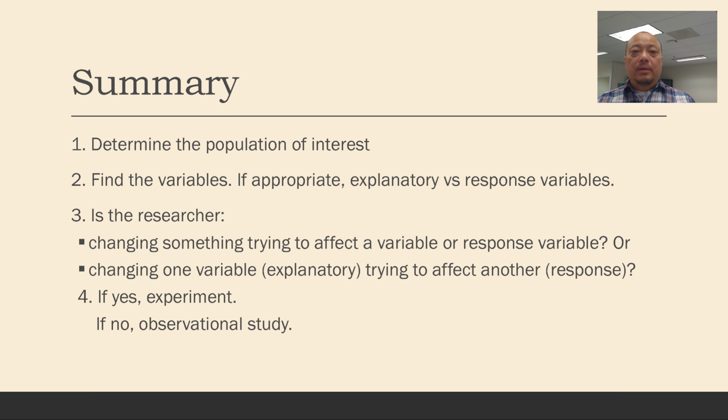Step 3. Is the researcher changing something trying to affect a variable, or specifically a response variable? Or sometimes are they changing an explanatory variable trying to affect a response variable? If yes, it's an experiment. If no, it's an observational study. That's it. Hope it helps.